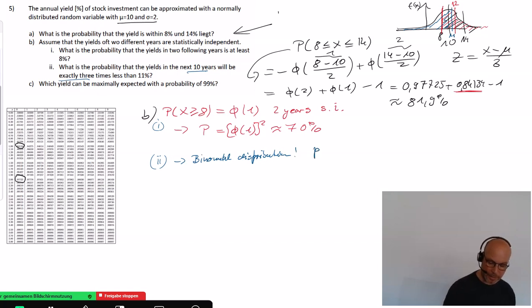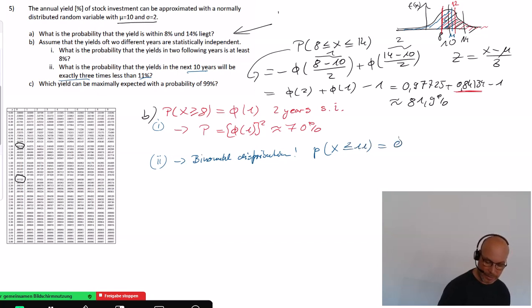Well, and the probability is now the single event to have a yield less than 11. So this is x less than 11.